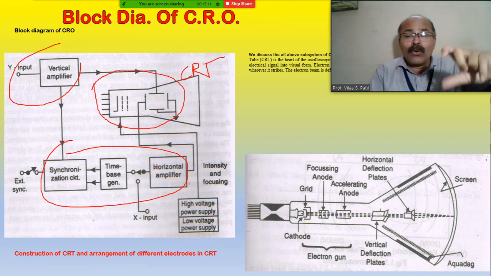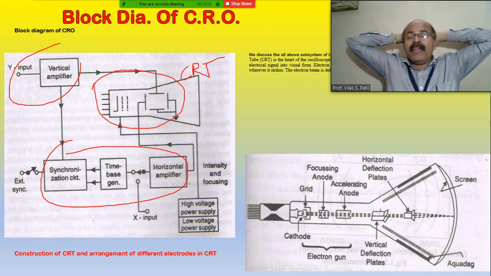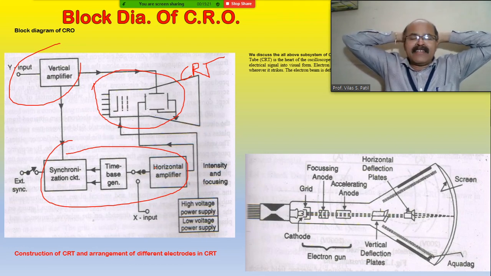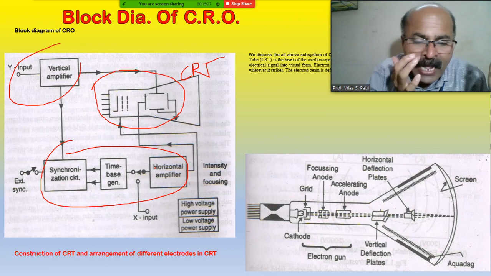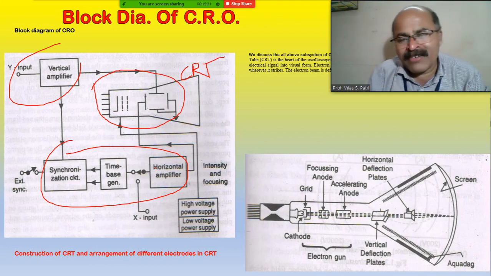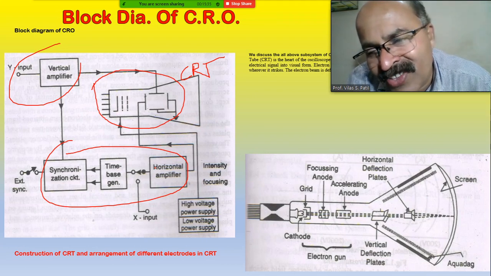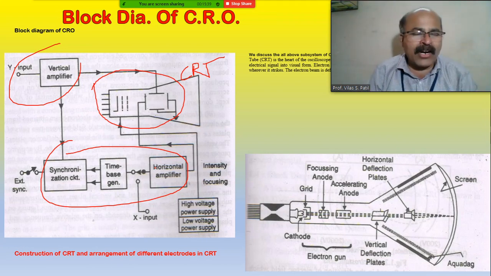Like that in a CRO the intensity and focusing will be controlled by using different knobs, that is the intensity controlling arrangement, focusing arrangement, as well as low voltage and high voltage power supply. This is the fourth part of the block diagram.